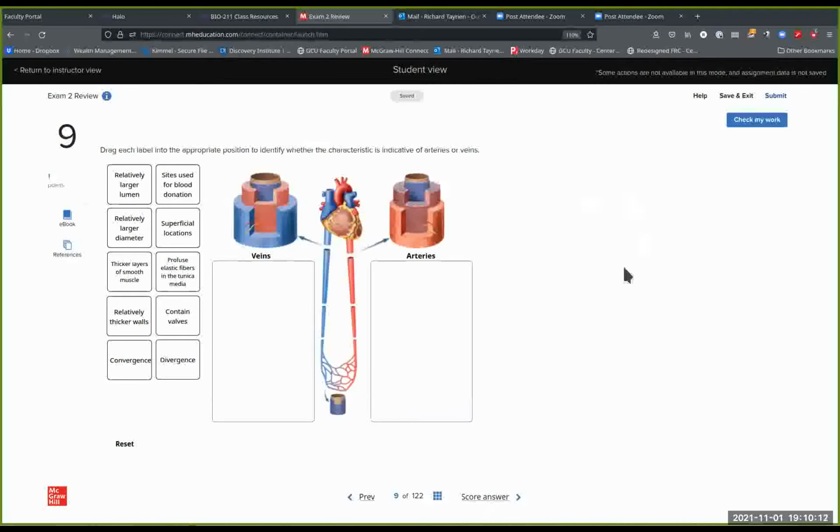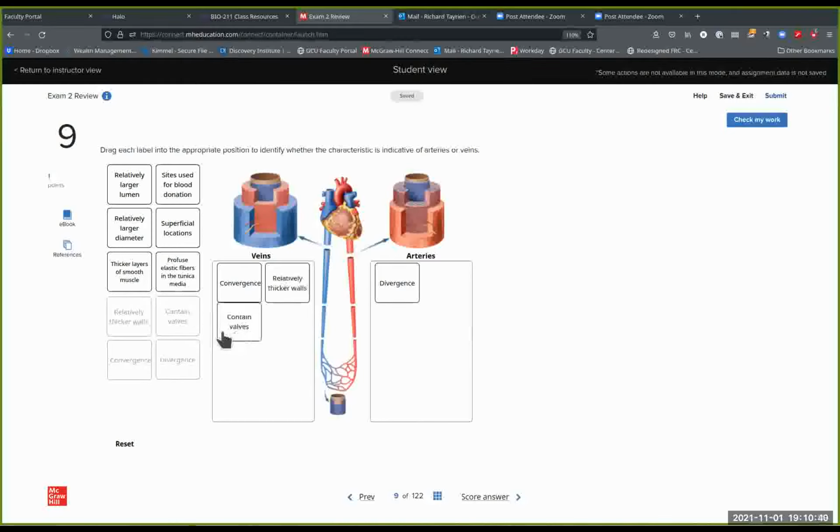Know the difference between arteries and veins. Do we need to go over that? Know that veins contain valves. This is actually kind of interesting. Veins converge, right? Arteries diverge. They keep splitting. Veins keep coming together.